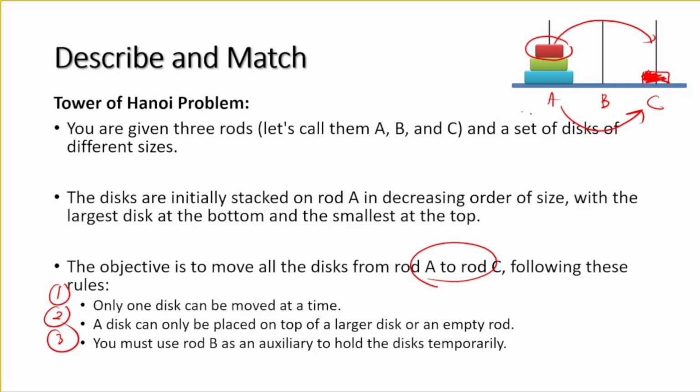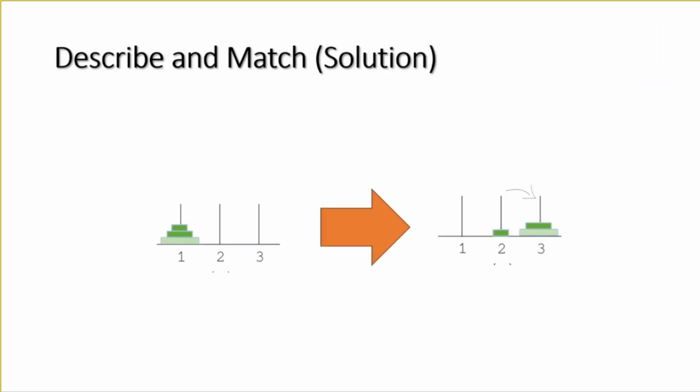So the red can be located in two places: one is an empty rod, or the other is on top of the green or blue. That will be the second requirement. And 3, you use rod B as auxiliary to hold a disc temporarily. So B can be used as a temporary pit stop, to charge. Okay, right. So the idea of this describe and match solution is this.